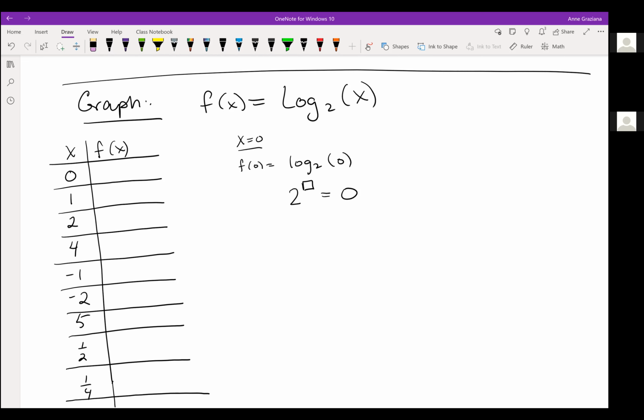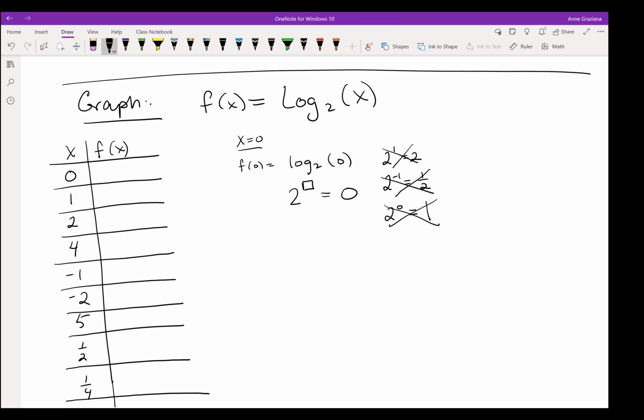Well, let's try some stuff. It's crickets out there. So 2 to the power of 1 is 2, right? Nope, not helpful. 2 to the power of -1 is 1/2. Nope. What if we tried 2 to the power of 0? What is that? 1. That is also not 0.